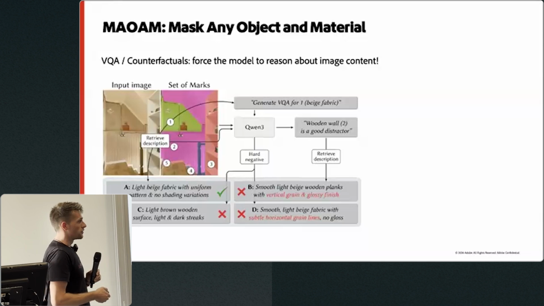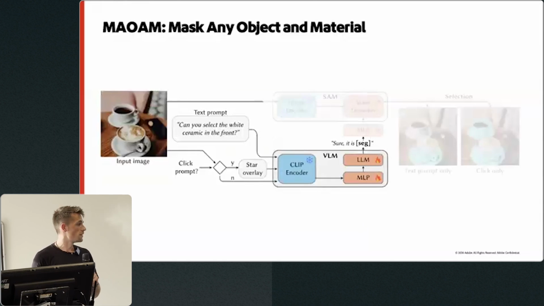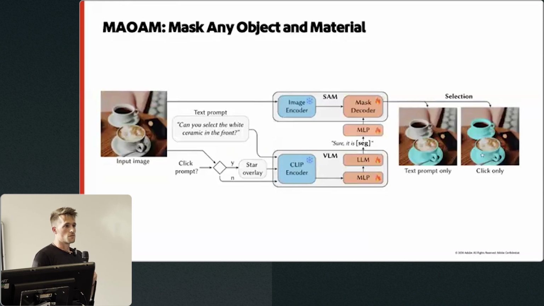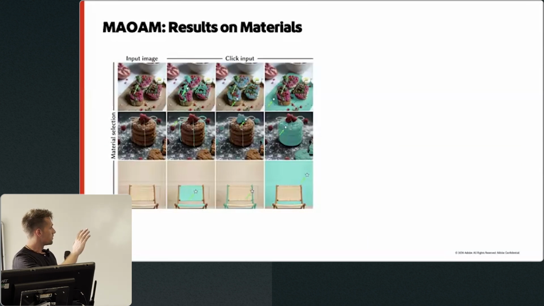This VQA task you use to specifically train just this first part of the model, the VLM in this case, to really make it do the heavy lifting and encode all this information into the seg token, which we can then use to condition the mask decoder. And again, once we trained this thing, we were surprised by how well it works. This is from the paper's results figure. Here you can see different materials selected by clicks, shown as these little overlaid stars.